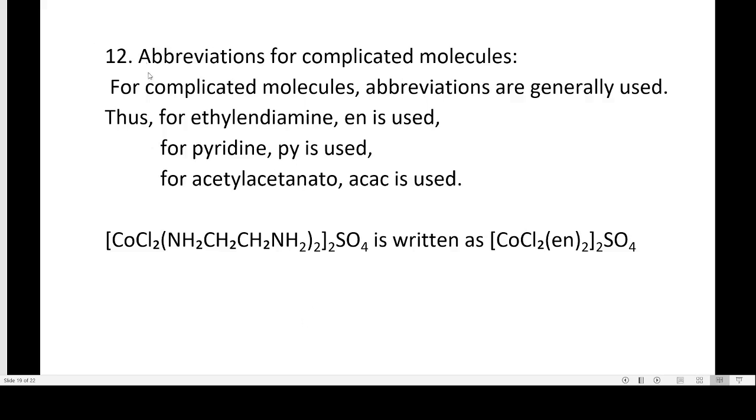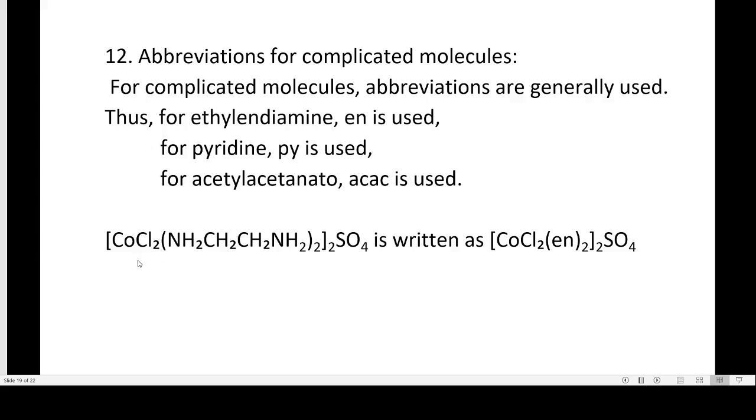And the last rule is abbreviations for complicated molecules. For complicated molecules, abbreviations are generally used. For example, for ethylene diamine, instead of writing ethylene diamine, EN can be used. For pyridine, simply PY is used. For acetylacetonato, we can abbreviate it as ACAC.